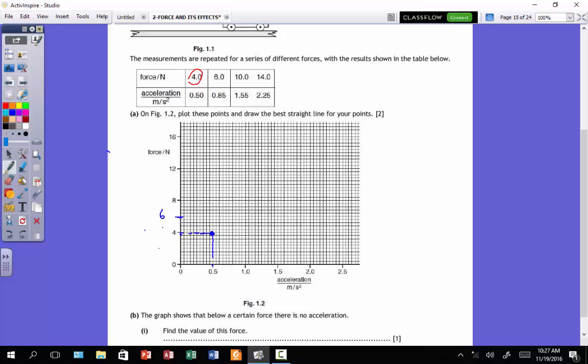Okay, we're going to find the 0.85, which is here, and against the 6. And this is my second point. And the third point is from 10 to 1.55.